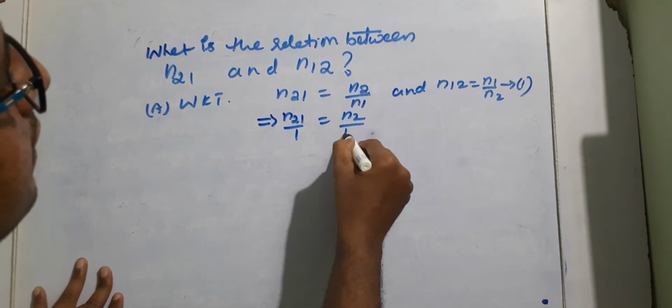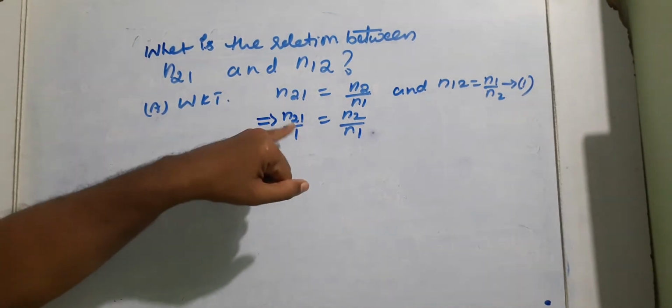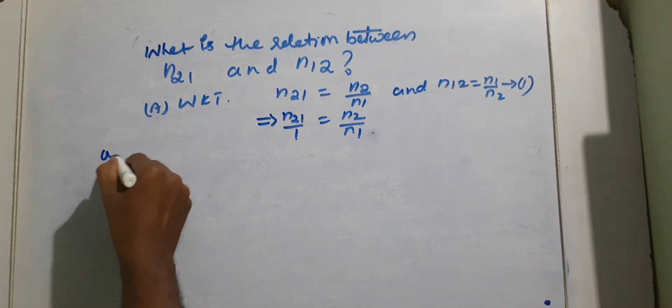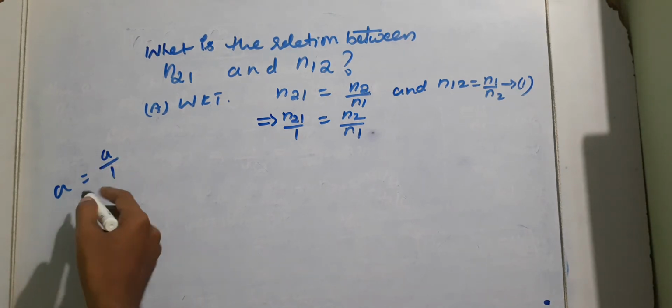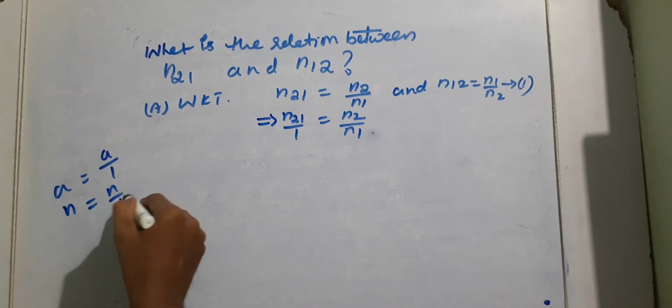For our understanding purpose, n21 is written as n2 by n1, because n21 can also be written as n21 by 1. A by 1 means a, so n is written as n by 1.